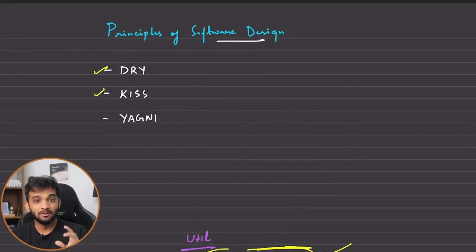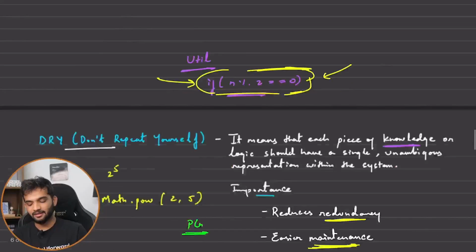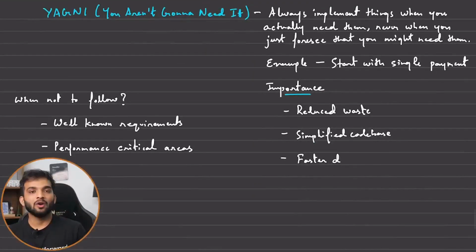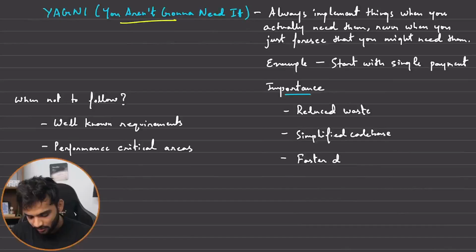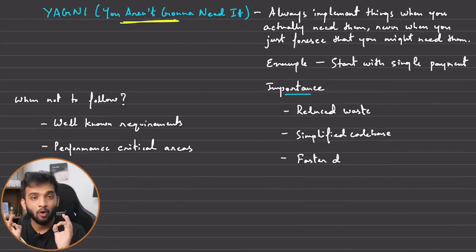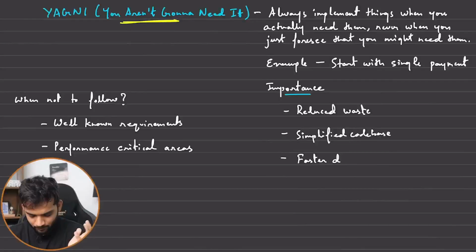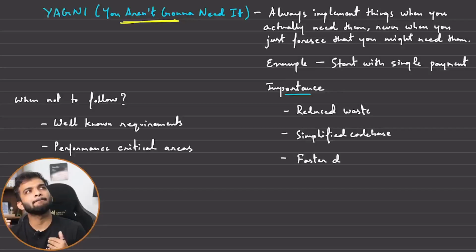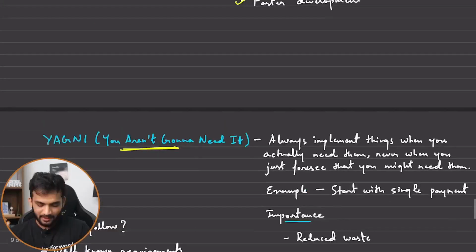What is the last one? The YAGNI principle. Let's understand this. Okay, you aren't gonna need it. That is what the YAGNI principle is all about. So a formal definition, I'll get into this. But if I have to give you a definition around real life, we have TUF Plus, right?